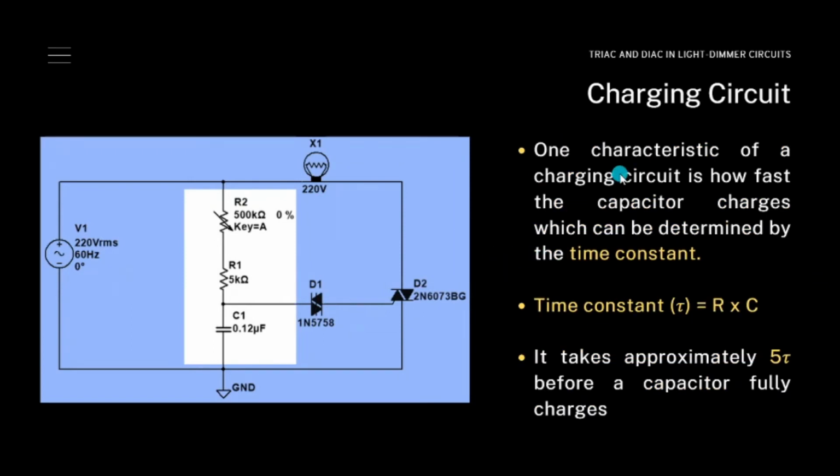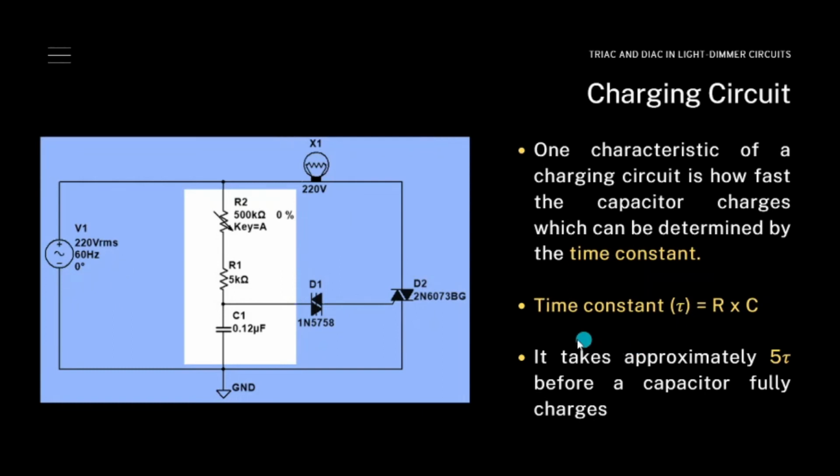Now, one important characteristic of a charging circuit is how fast the capacitor charges, which can be determined by the time constant. Yung time constant nga natin, abbreviated ng symbol na tau, is equal to resistance times capacitance. Kung mahaba itong time constant, it means na matatagalan bago mag-charge yung ating capacitor, and then matatagalan bago makadevelop ng voltage enough to break over our DIAC.